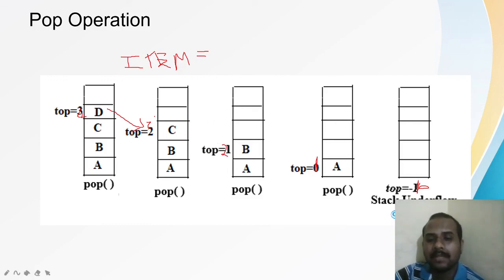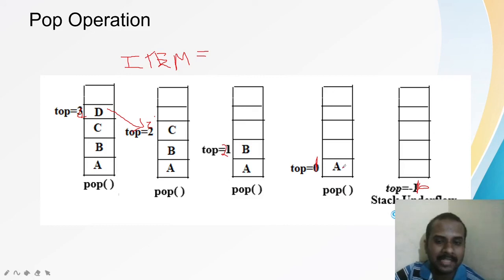Okay. Now what do you mean by stack underflow? Stack underflow is a concept where the stack is already empty and you are trying to delete elements again from the empty stack. So that is called stack underflow. For example, here I have popped A now.